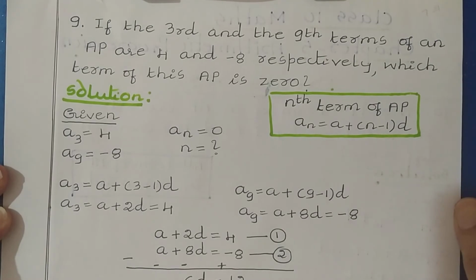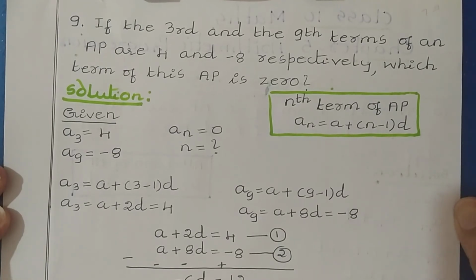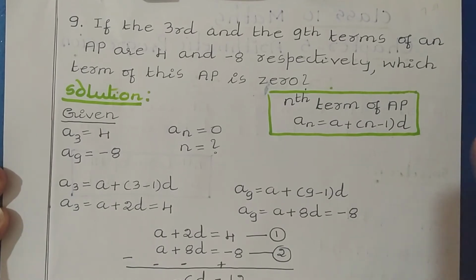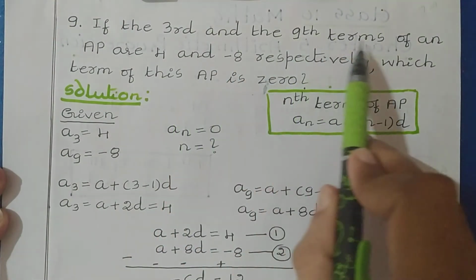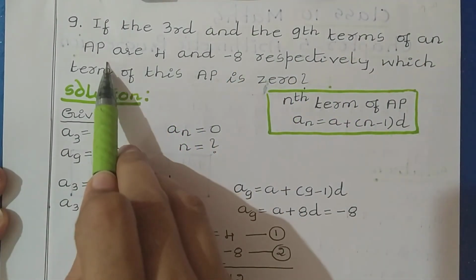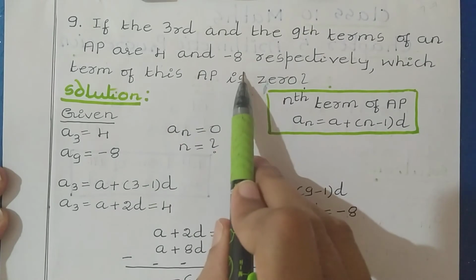Question number 9. If the third and the ninth terms of an arithmetic progression are 4 and minus 8 respectively, which term of this arithmetic progression is 0? First here, let us write the given values. Third term and ninth term of an arithmetic progression are 4 and minus 8.